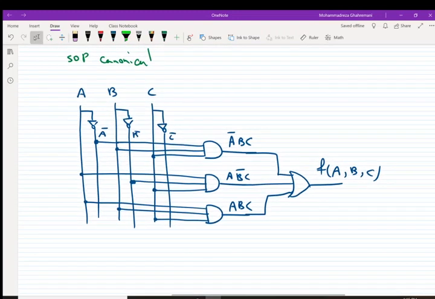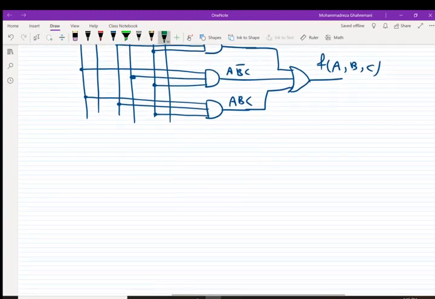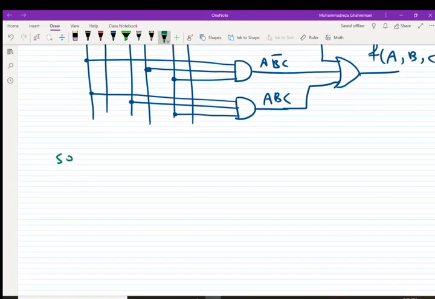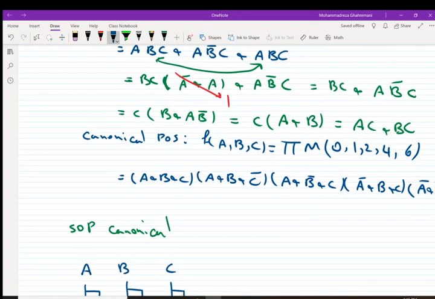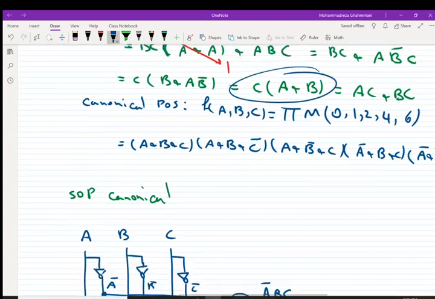Now I want to show sum of product again, but this time non-canonical. For non-canonical, it's easy. What do we have? We have only C times A plus B, or AC plus BC.